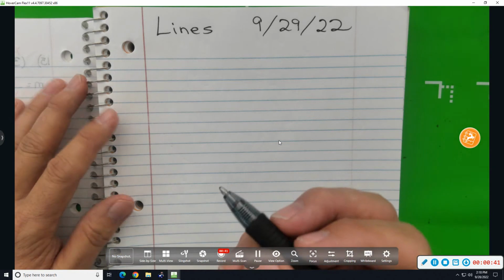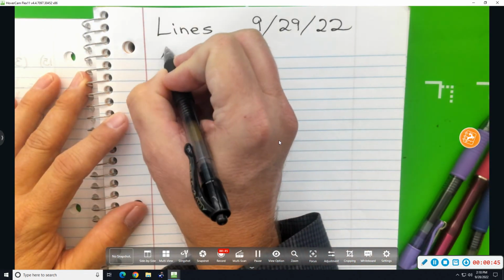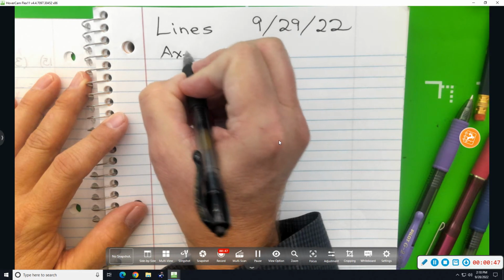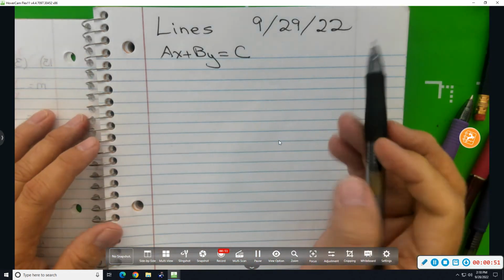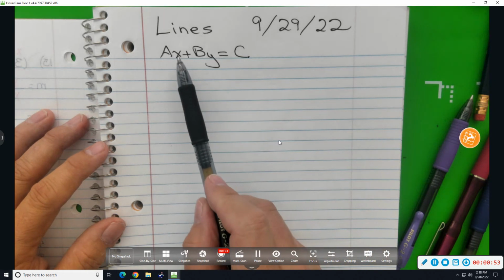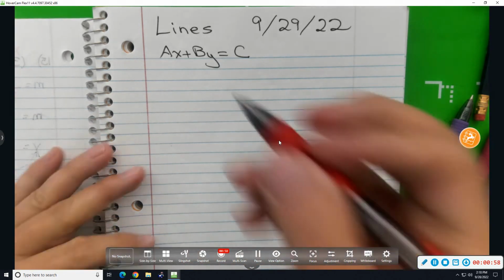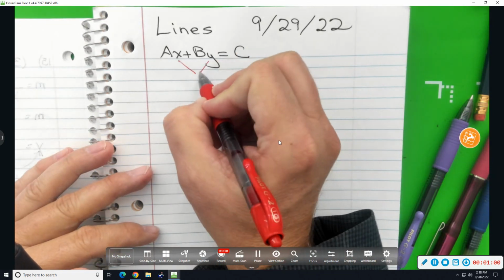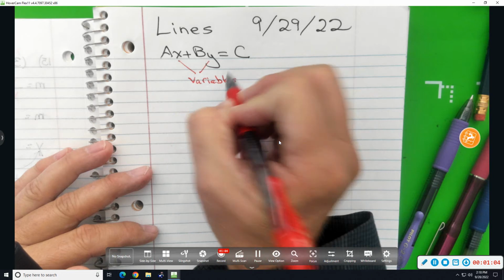But recall the last time I said that a line is any equation that can be written in the form ax plus by is equal to c. I said that there are no exponents on the variables. Realize x and y are the variables, a, b, c are numbers.